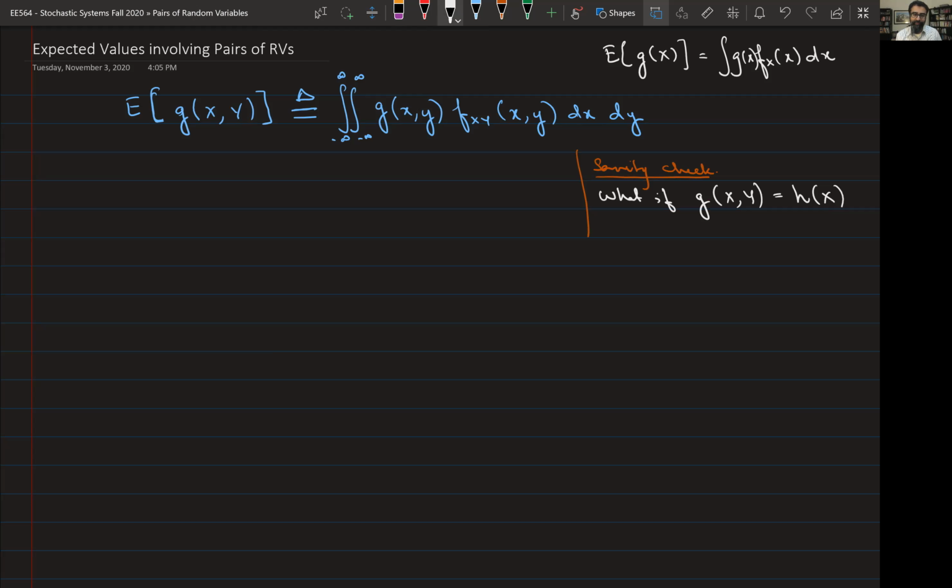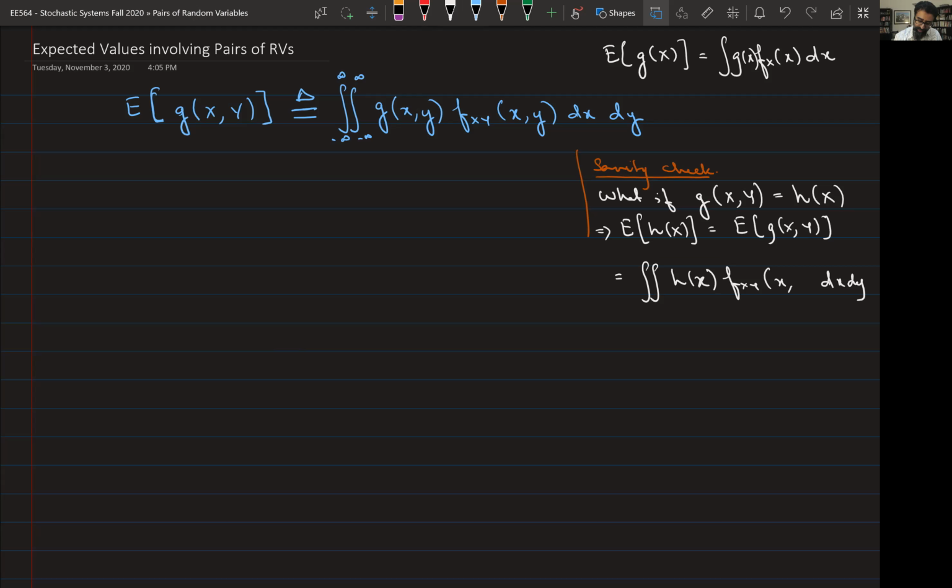And if I just apply the definition, this would have implied that the expected value of h of x, which is equal to the expected value of g of x, y, by the definition should be a double integral of h of x times f of x, y, dx dy, right?